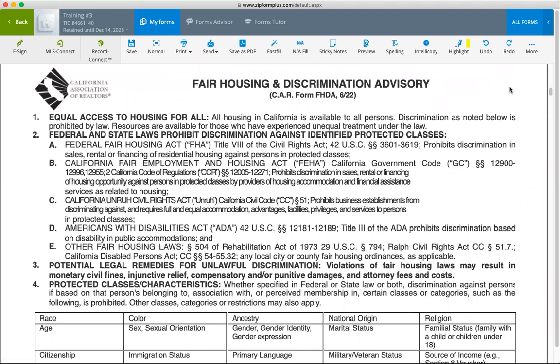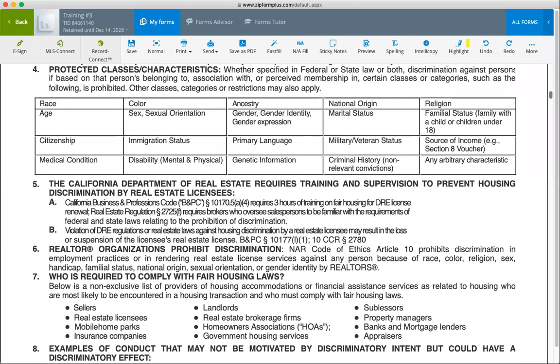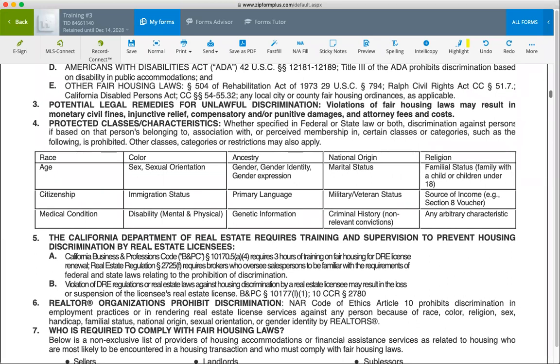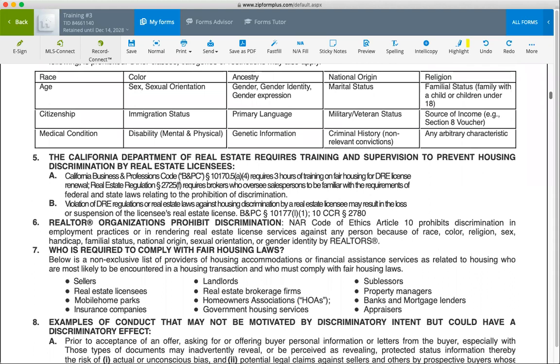Okay, move on. This is the second form attached here, the Fair Housing and Discrimination Advisory. This is a relatively new form, and it spells out all the ways we might discriminate against someone, and all the ways we obviously shouldn't discriminate against someone. So these list all these different types of potential discrimination, and it says we're not going to do any of these.